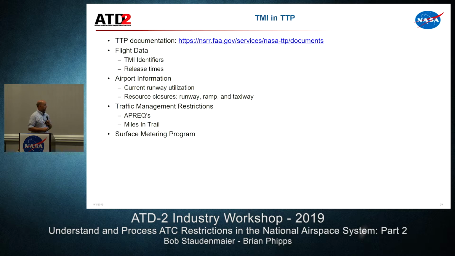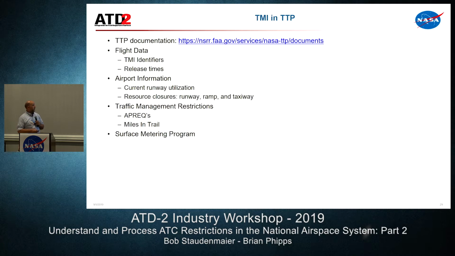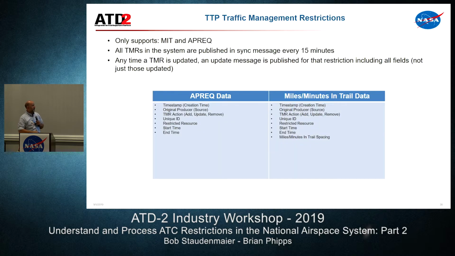Also new is the surface metering program TMI events. Again, I'm not going to talk too much about surface metering since I believe that was covered in previous breakout sessions. But the TMI data related to specific surface metering programs is also being published out via the TTP data feed. So this is just a quick overview of the type of TMI data presented in the TMR section of the TTP data.